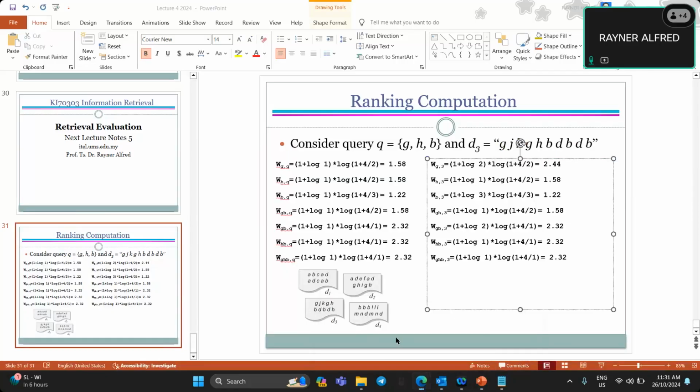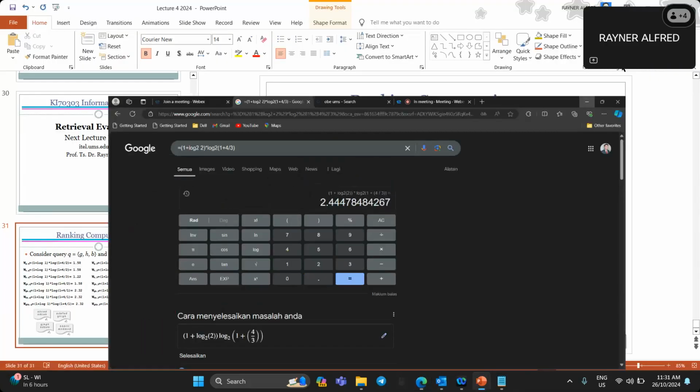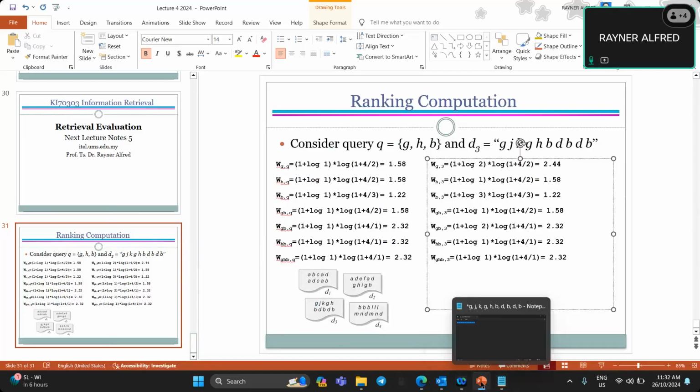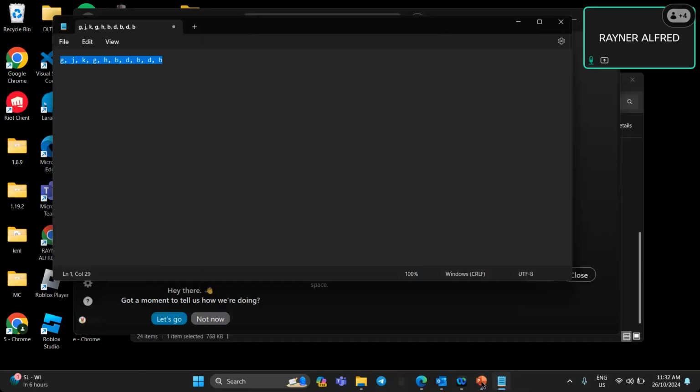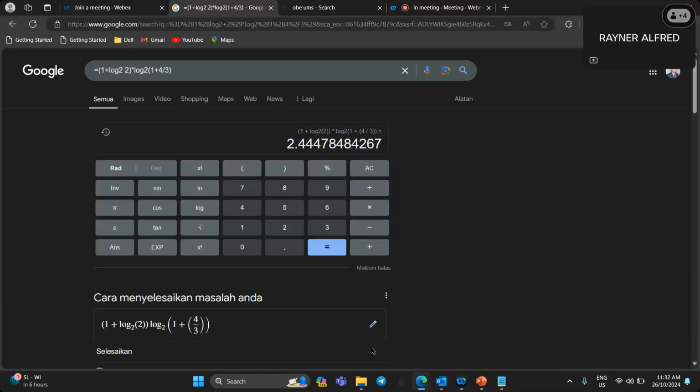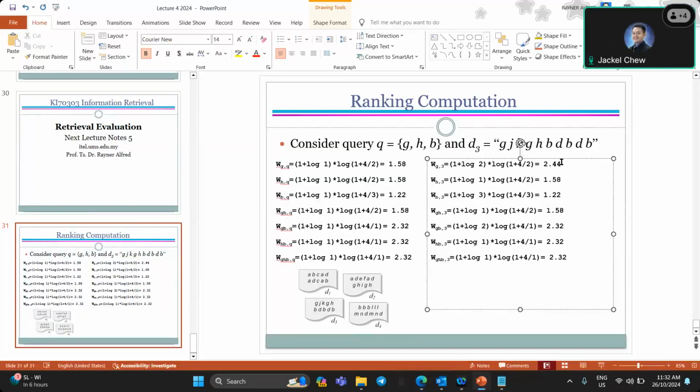Same as your calculation. So this is still the same. So this is 3. Oh, earlier was wrong.